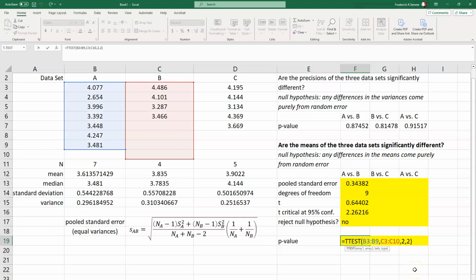That's a much simpler way to do this than to do it the long way here. The advantage of that too is that it's not any more complicated to do unequal variances than it is to do equal variances. Whereas doing it this longer way is a little more difficult when the variances aren't equal.